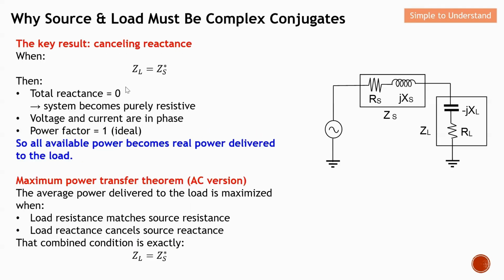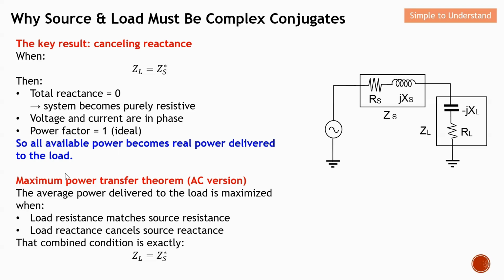As I explained earlier, with the complex conjugate, the total reactance will be equal to 0. This means that the system in fact becomes purely resistive. The voltage and current hence will be in phase, and all the power will be delivered to the resistance. So this is a good power factor, equal to 1, which is ideal. This is why we want it to be the complex conjugate.